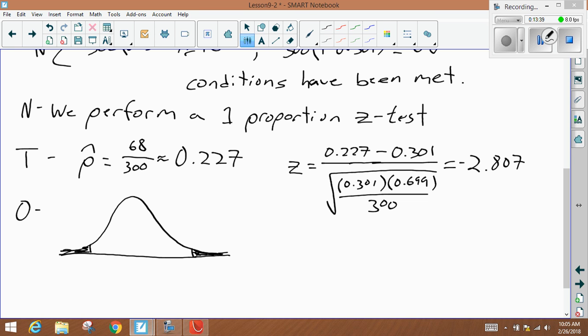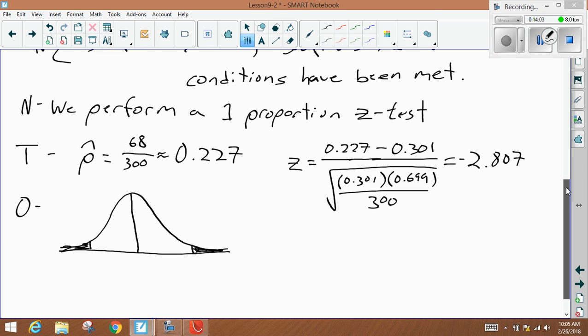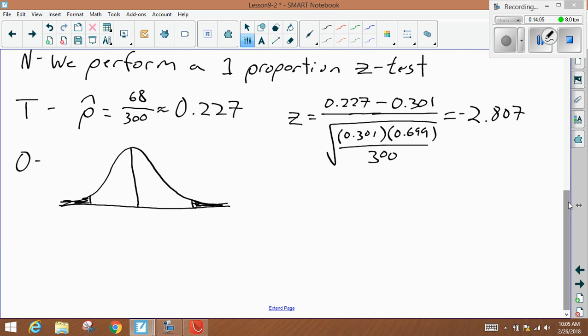Because they're going to be the same area. On your table, it's going to be a very, very small value. Extremely small. Okay. There's a picture of it. It's always nice to include so that they know that you're talking about a two-tailed test.